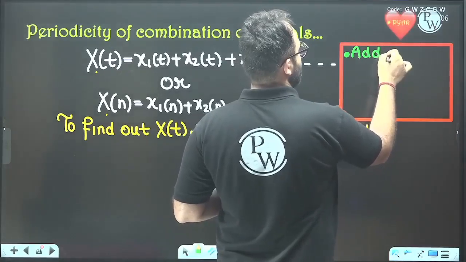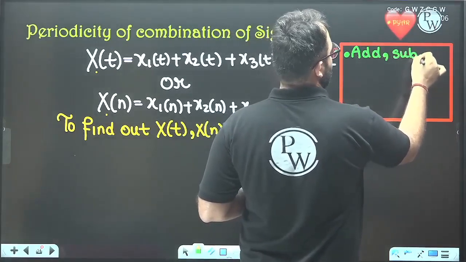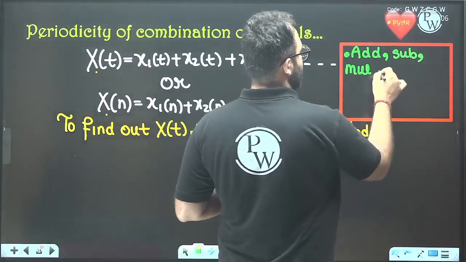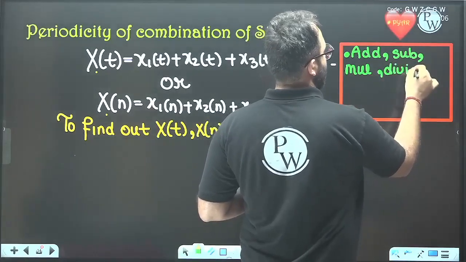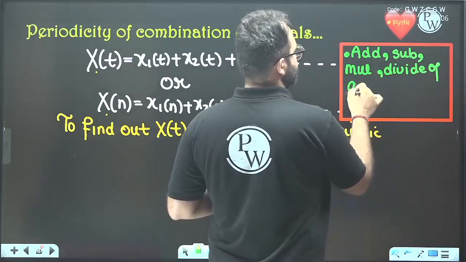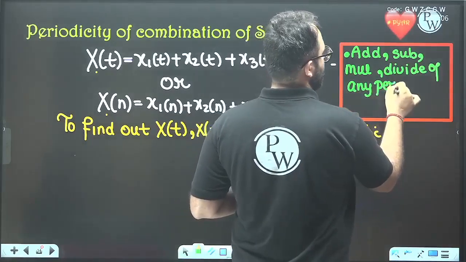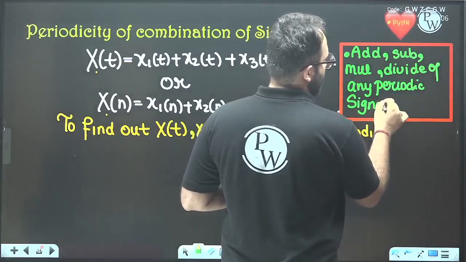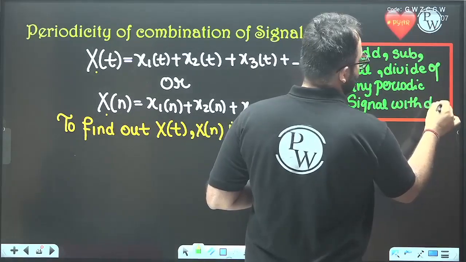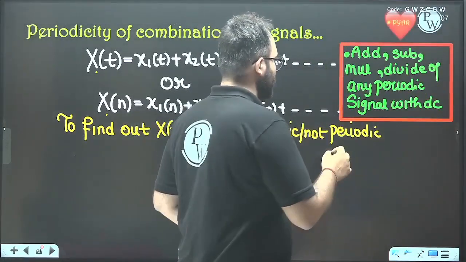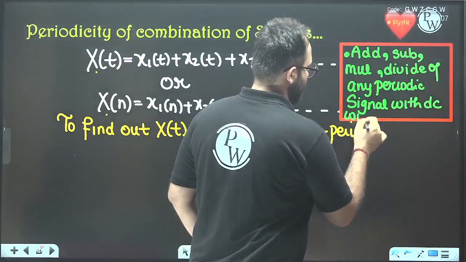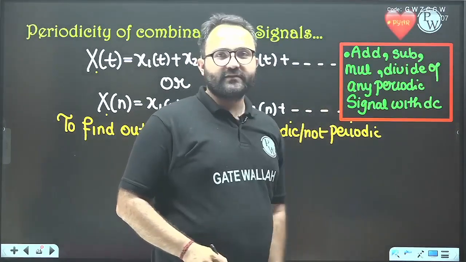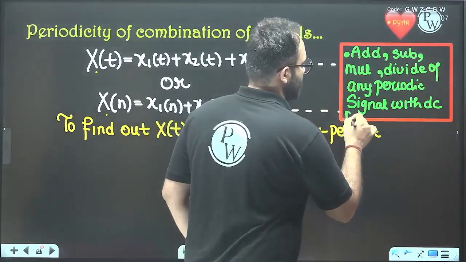Adding, subtracting, multiplying or dividing any periodic signal with a DC will not change the period of the signal. Add, subtract, multiply, divide of any periodic signal with DC does not change the period of the signal.